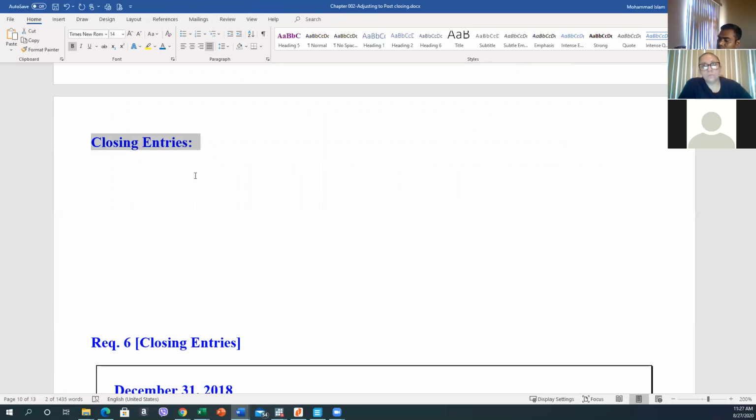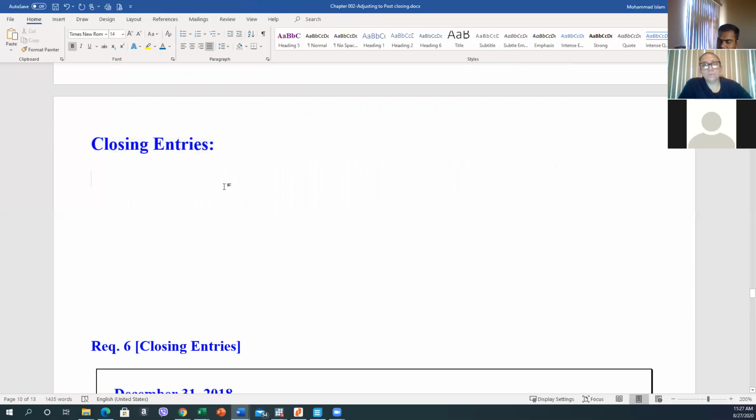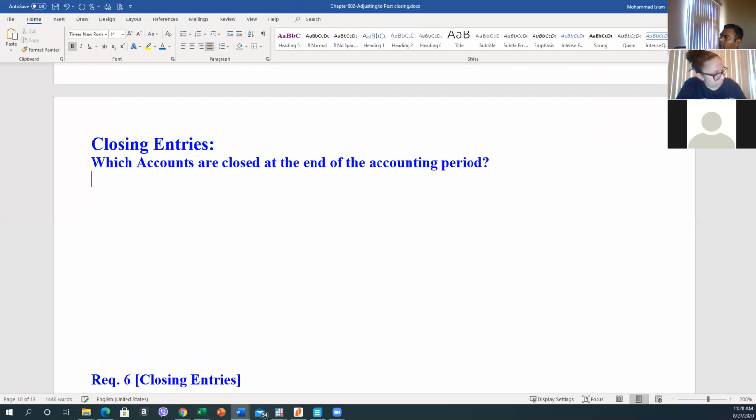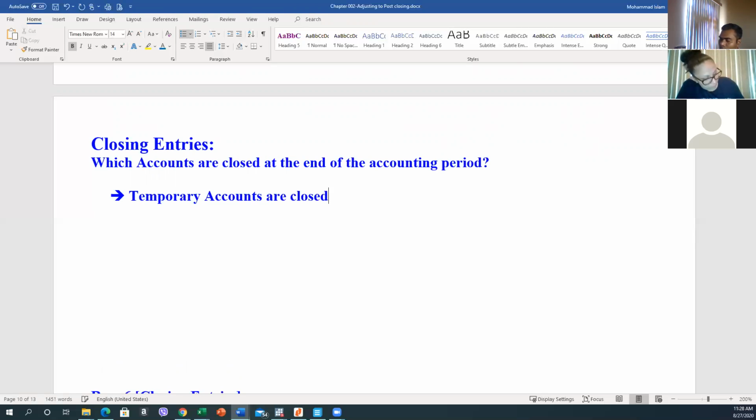Closing entries. The question is, which accounts are closed at the end of the accounting period? The answer is temporary accounts are closed. So what are the temporary accounts?